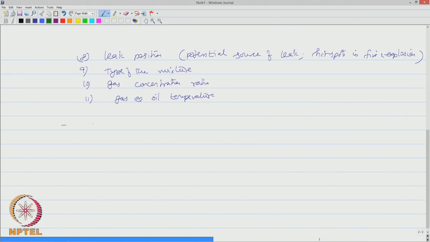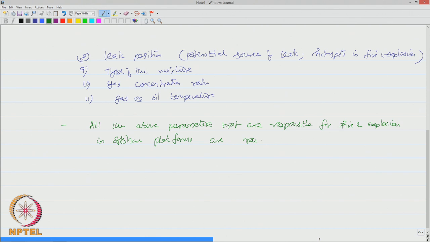Looking at these factors which are going to influence fire accident occurrence in offshore platforms, we have learnt a very important lesson from this, saying that all the above parameters that are responsible for fire and explosion in offshore platforms are random variables.